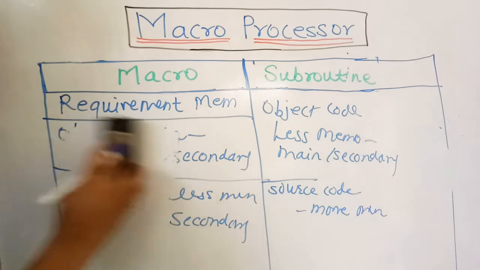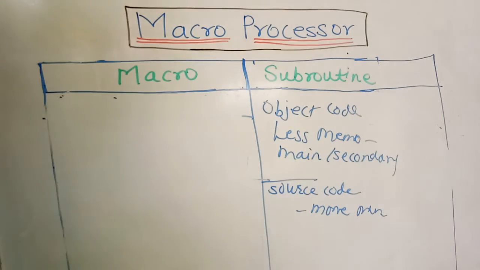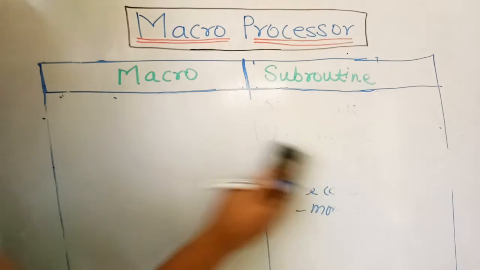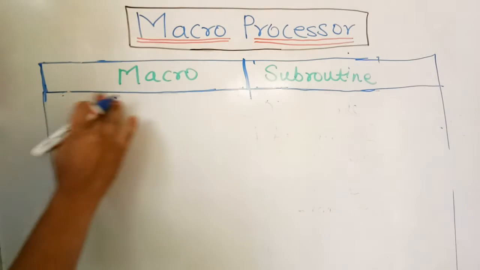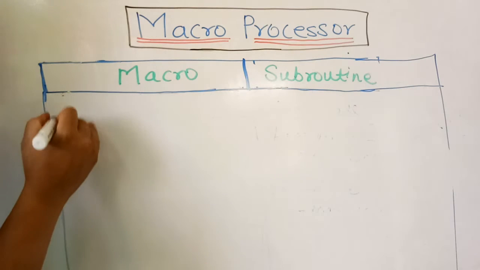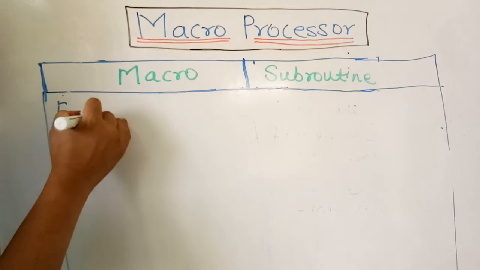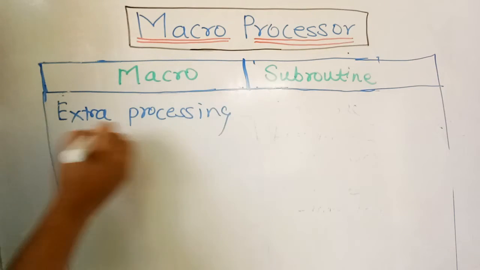Now, what is the next difference? The next difference is that it requires extra processing time for expansion. Yes, it is true because it is taking extra software, that is the preprocessor. So it requires extra processing time.